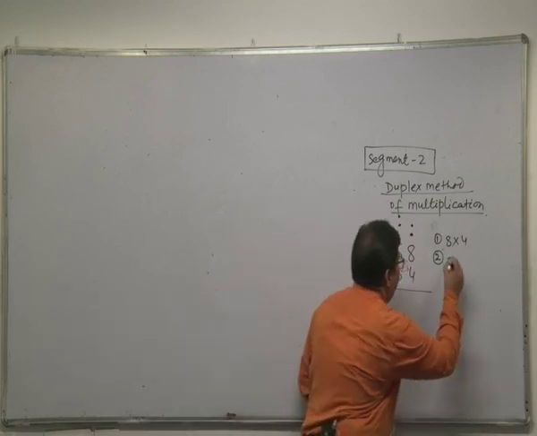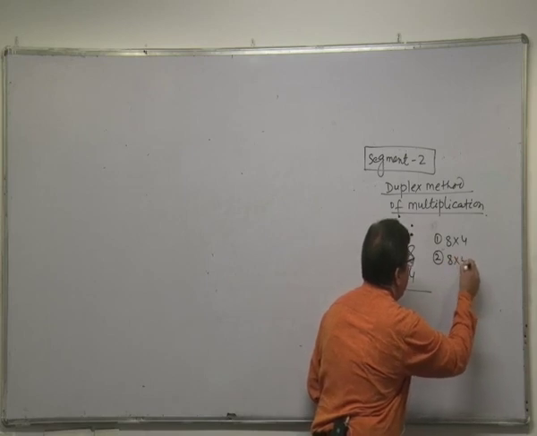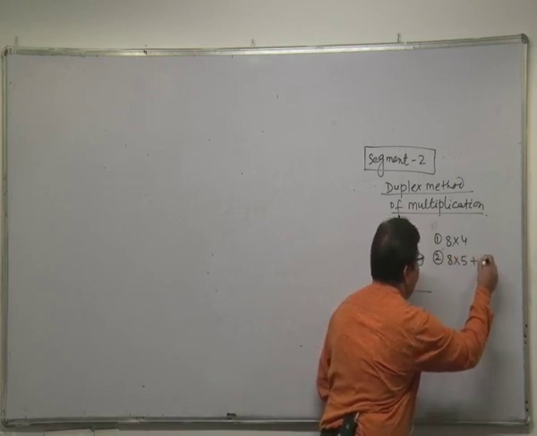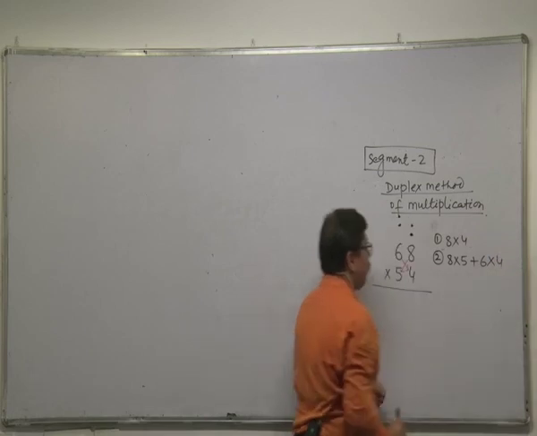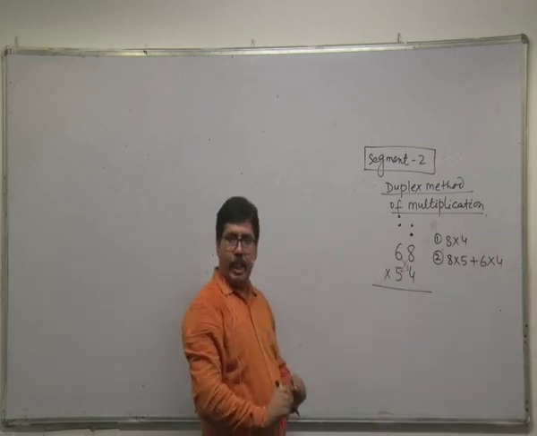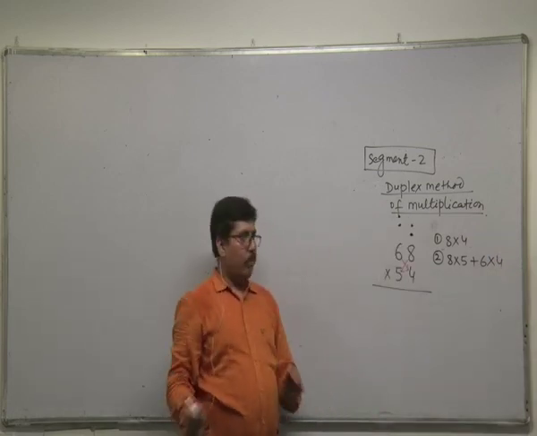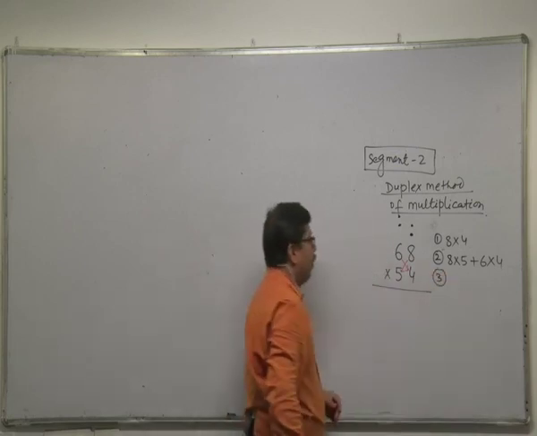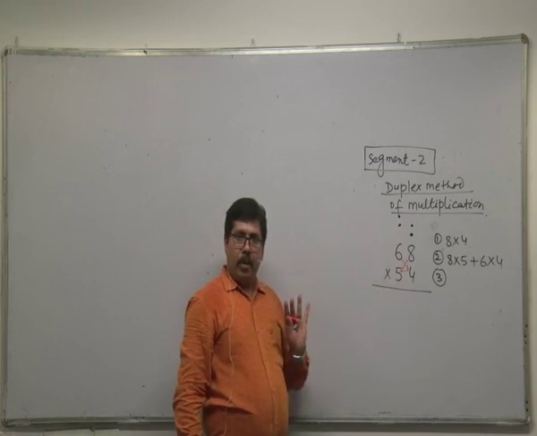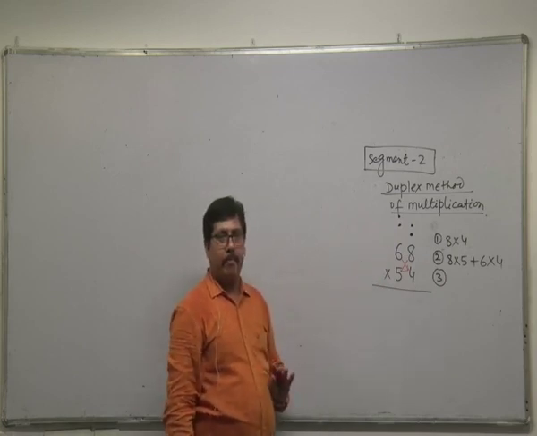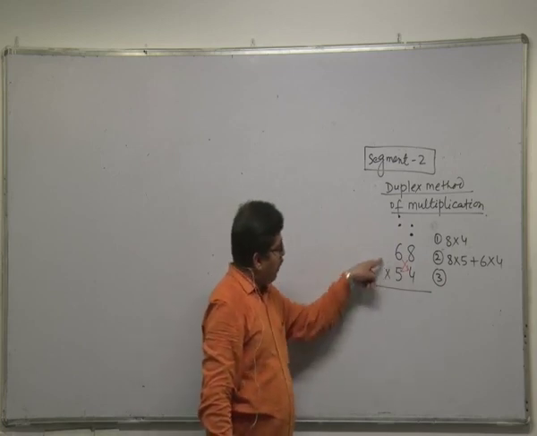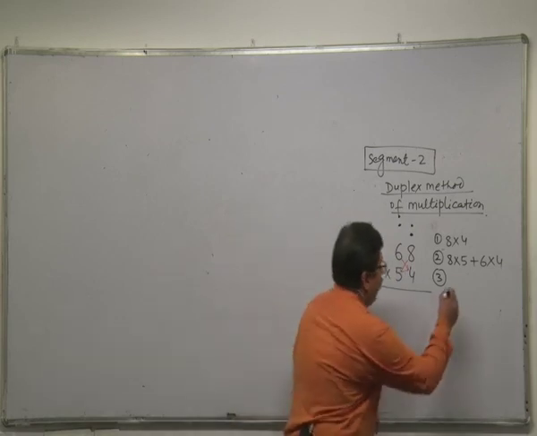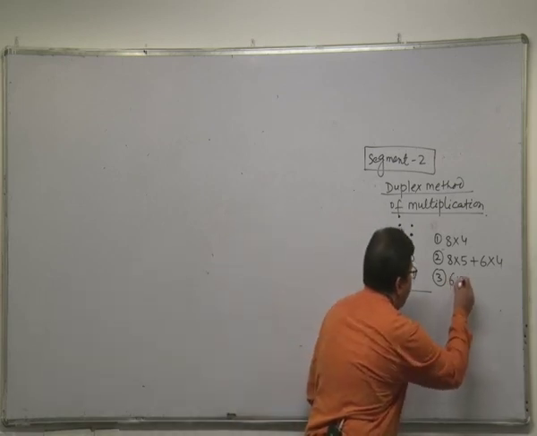So it is 8 into 5 plus 6 into 4. Step 2 is clear? Now step 3 is: ignore 8 and 4 and consider 6 and 5. You have to multiply 6 and 5. So 6 into 5.